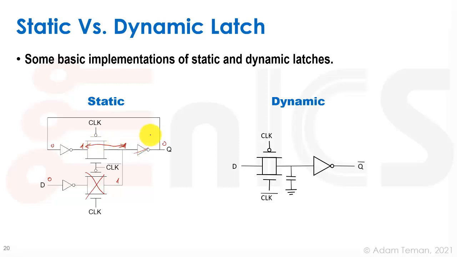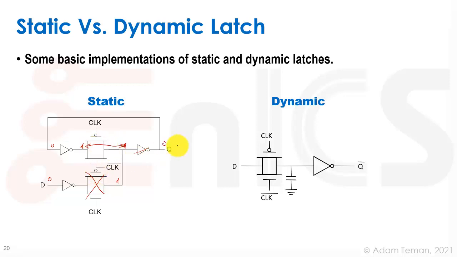There's no contention, and we hold this state where we're going to have 0 at the output of the latch, which is what we sampled when the clock went down. As I said, these latches sample on the falling edge of the clock. So that's how we get a static latch.